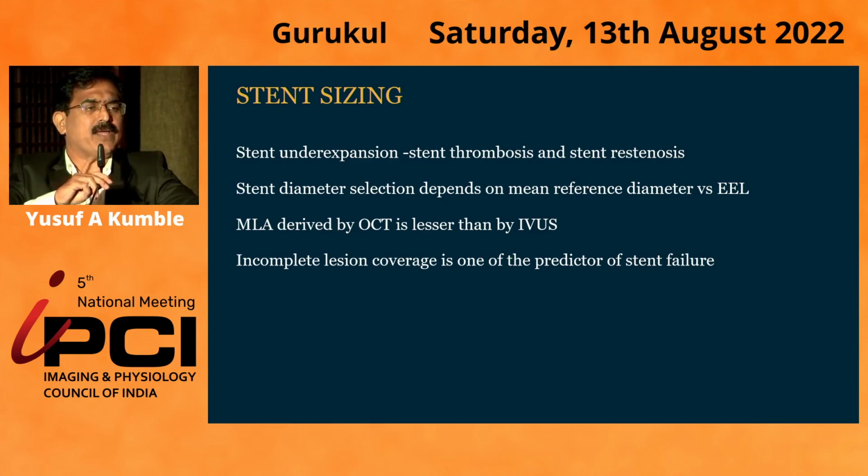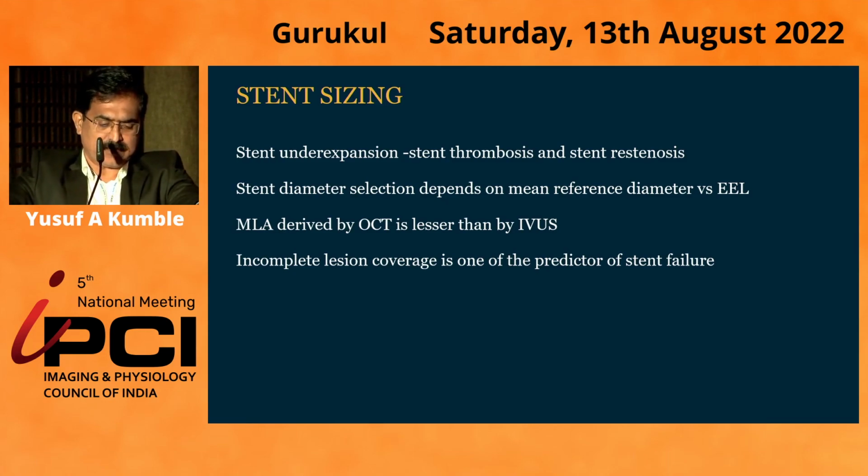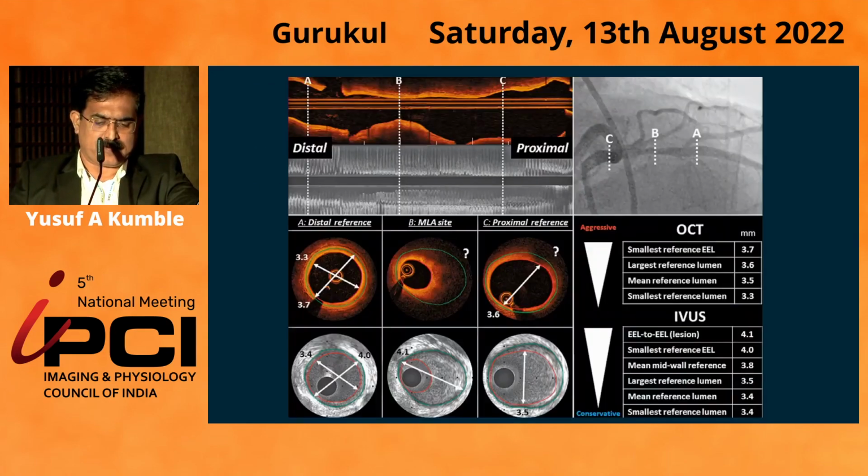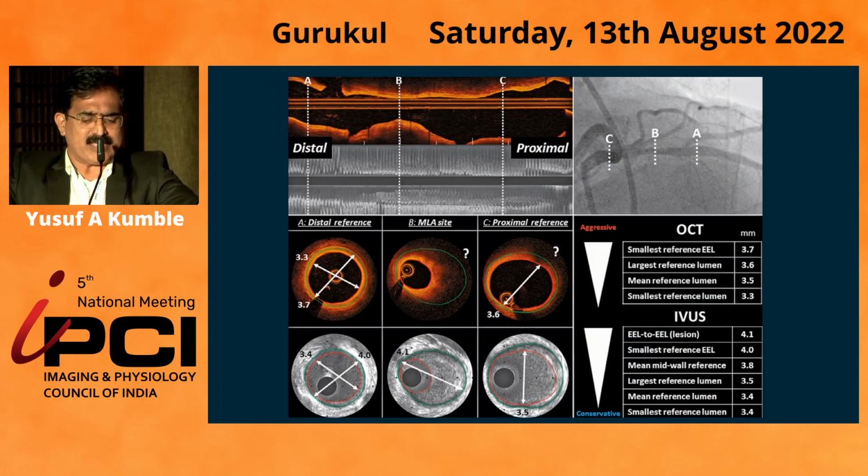MLA derived by OCT is usually less than the MLA derived by IVUS. Incomplete lesion coverage is one of the predictors of stent failure. If you see here, in the middle of the stent there is an under expansion at the MLA site. If you look at the proximal reference diameter and the distal diameter by OCT, this is an aggressive approach.